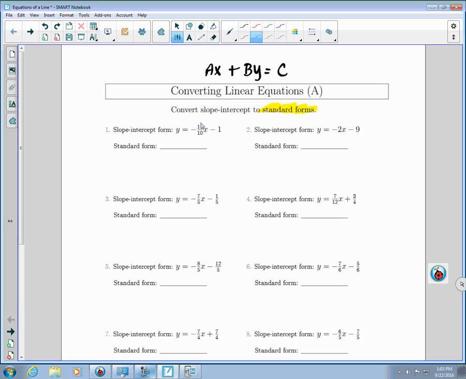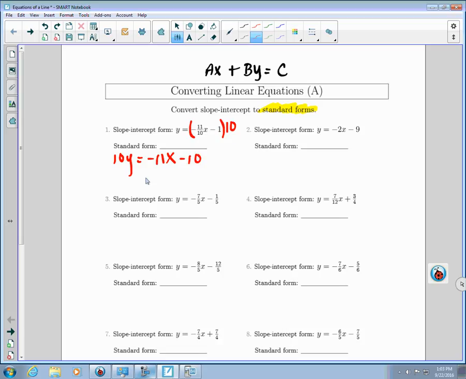What are you supposed to do? I cannot have that 10 as a denominator, so how do I get rid of it? I multiply by 10, and I'm going to do it on both sides. So 10 times y would be 10y. What is 10 times negative 11 tenths? Negative 11, and you have your x. And what is negative 10 times negative 1?